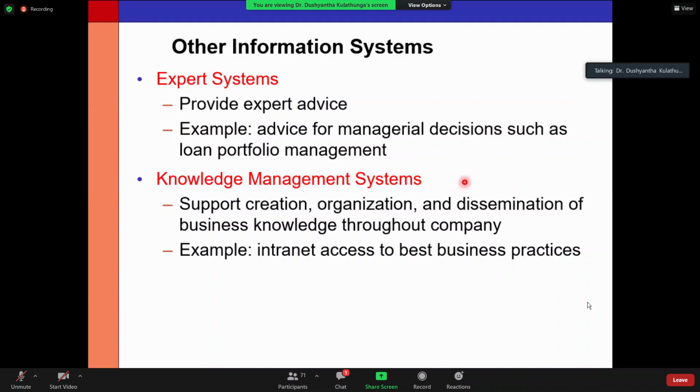It can even be the marketing research team who will analyze different market-related data, resulting in the creation of new knowledge, which can be captured by the knowledge management systems. So the knowledge can be captured and organized or put into a particular format that will be useful for the organization. And thereafter, we can take necessary action to disseminate the knowledge among the relevant people or all employees, depending on the requirement.